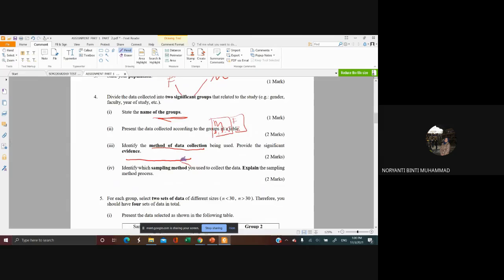Now, sampling method. When we are talking about sampling method, you will have 2 types: probability and non-probability. But in your explanation here, sometimes it can be mixed together. For example, you have divided the population into female and male. That one is a probability sampling method, which is stratified.